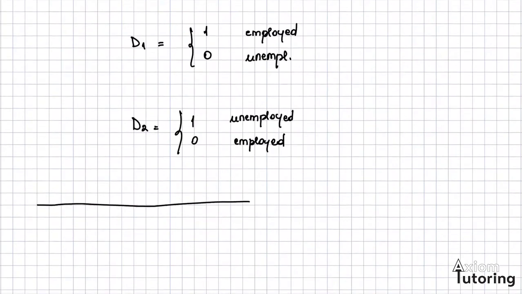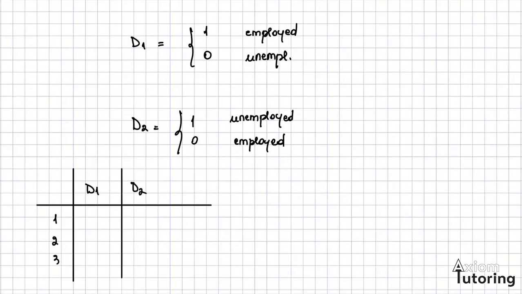If you had this in an Excel spreadsheet and you had D1 in here and D2 in here, this is person 1, 2, 3, and 4. If person 1 is in fact employed, meaning that D1 is going to be 1, that means that for D2, he's going to be a 0 for the unemployed category, right?